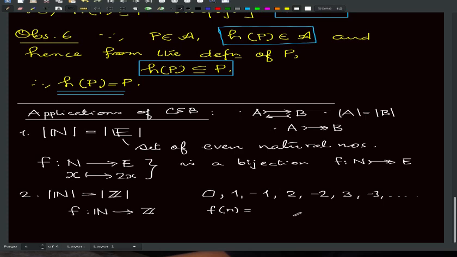So if n is equal to 0, the first item that we can have will be 0. And then the next place would be if n is equal to 1.